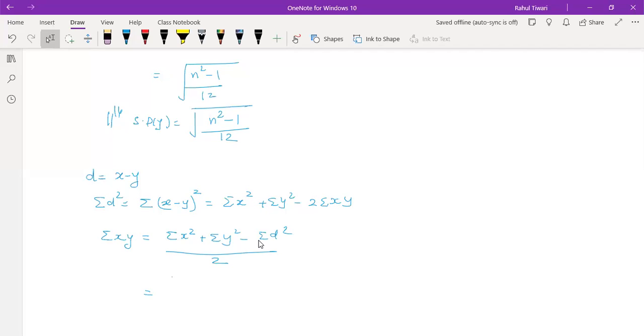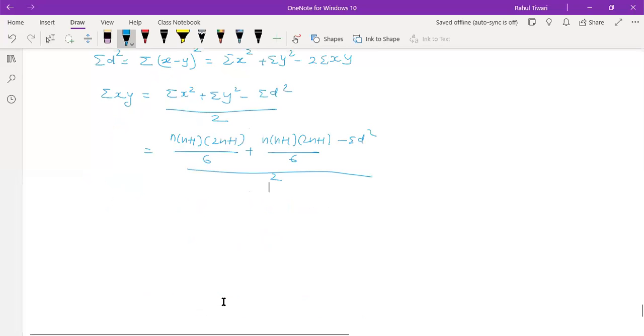So it is n into n plus 1 into 2n plus 1 upon 6, plus n into n plus 1 into 2n plus 1 upon 6, minus summation d square, whole thing divided by 2. Right?